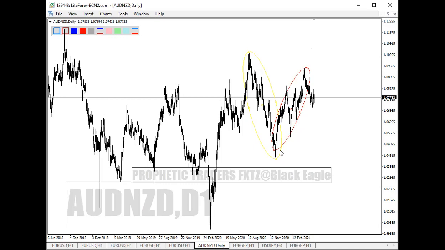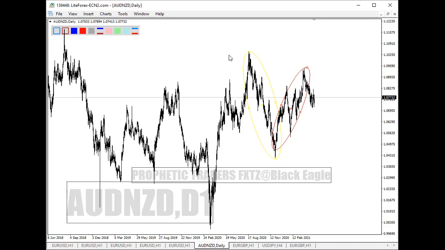We have here high, low, high, low, high, high, high, low, high, high, high, low, high, high. This one, price doing a structure breaker.